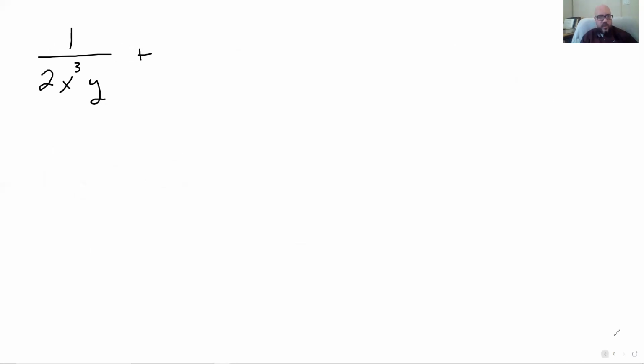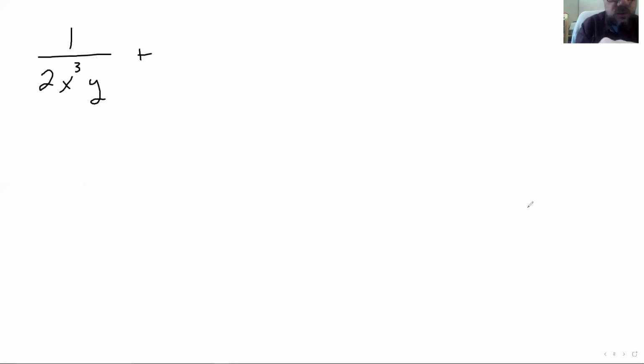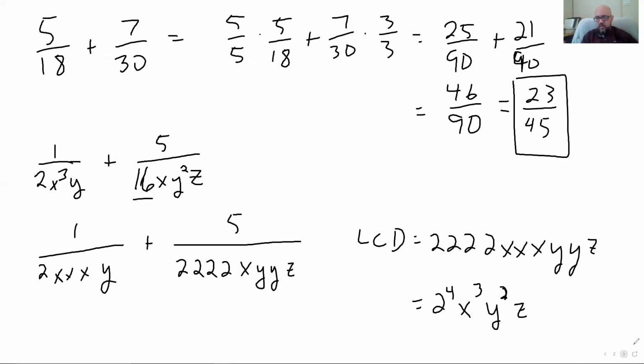I wish I could just pick the page number here and zoom. 16xy squared z. And I have completely forgotten what the numerator was. Was it a 1? It was a 5. Okay.